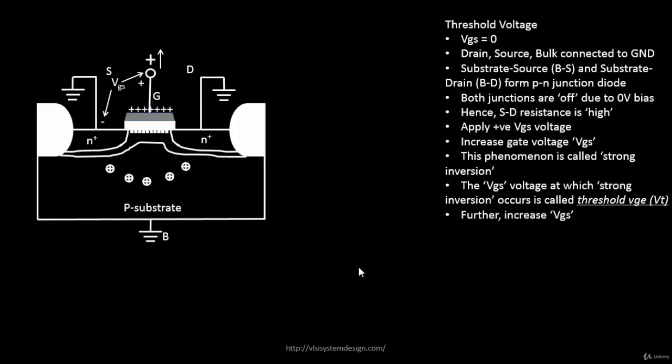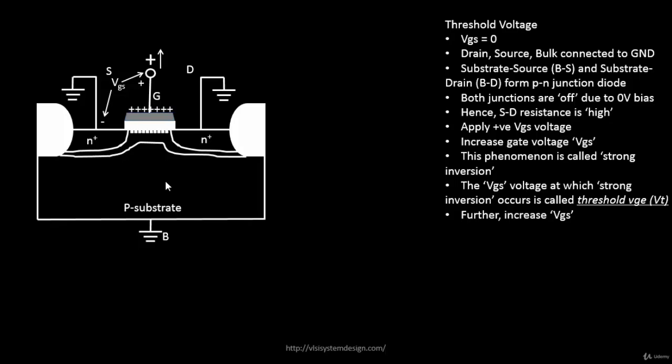When you increase your gate voltage even further, there is no source of negative charges present over here. When you increase your positive potential, it wants to attract more and more negative charges, or repel more and more positive charges, but there is no way it finds a positive charge over here, because this part of your MOSFET is depleted of its majority carriers, which is positively charged particles.